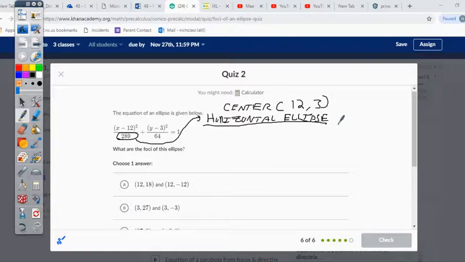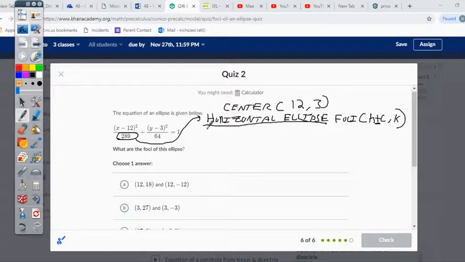The foci of a horizontal ellipse are going to be (h plus or minus c, k).